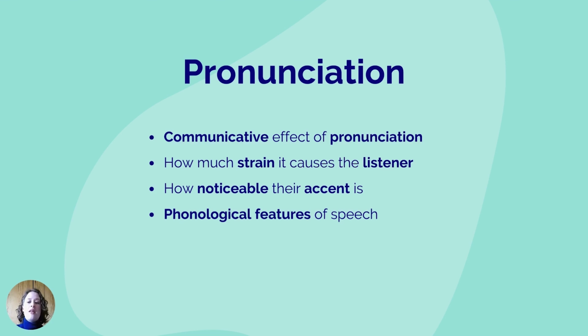Another skill that the examiner is assessing is how well the candidate pronounces the language, as well as the communicative effect of the candidate's pronunciation. There is evaluation of how much strain it causes a listener and how noticeable their accent is, although the accent itself is not a problem. Candidates need to be able to produce the phonological features of speech.